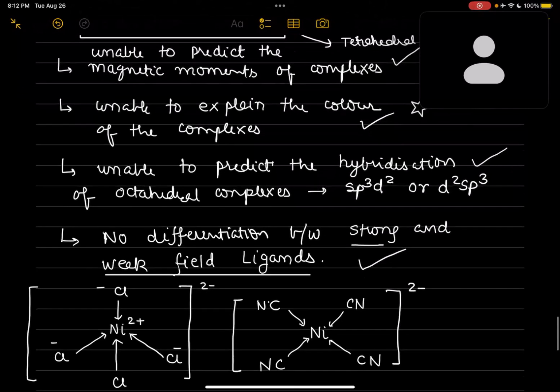We have seen the example of nickel connected to four ligands, with four chlorido ligands and four cyanido ligands. With chlorido, it was a tetrahedral complex. With cyanido, it was a square planar complex. But why is this happening? Pure valence bond theory is unable to predict what may be causing this. Is it clear or not?